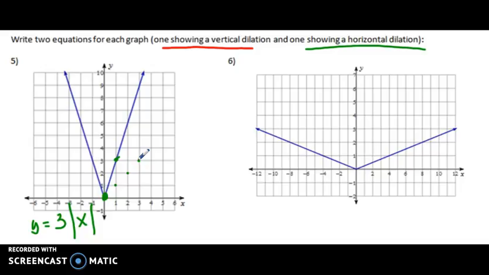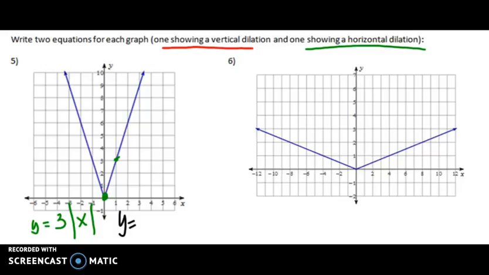Okay, so when we want to build our horizontal equation, we're going to have to put something on the inside. Okay, now this is showing that I have to go over 1/3 to go up one, over another third to go up two.